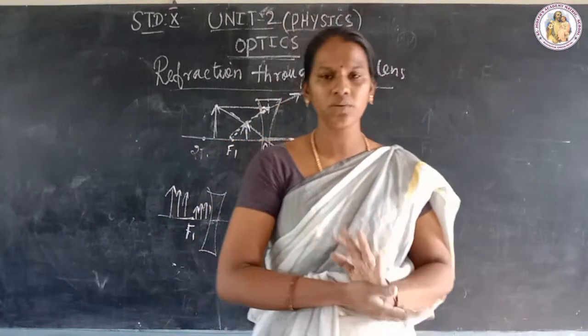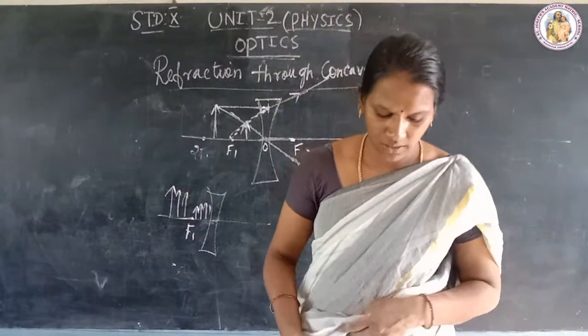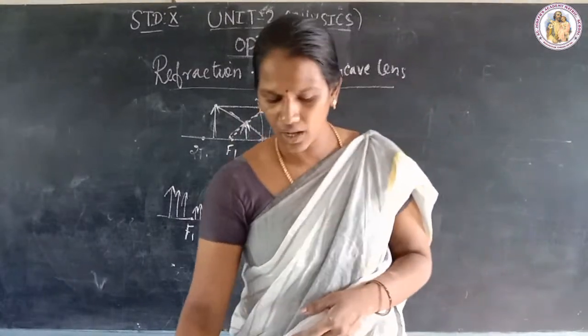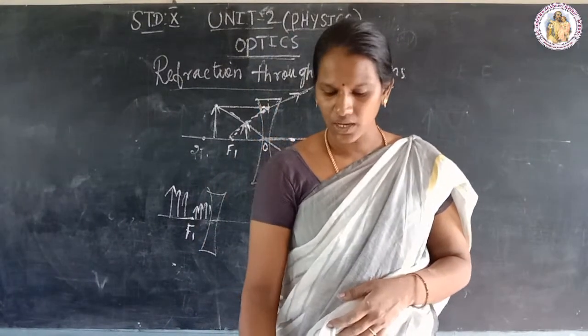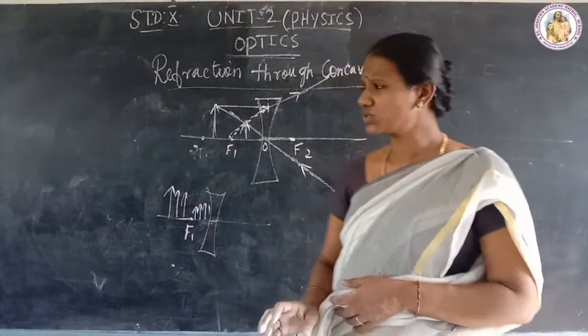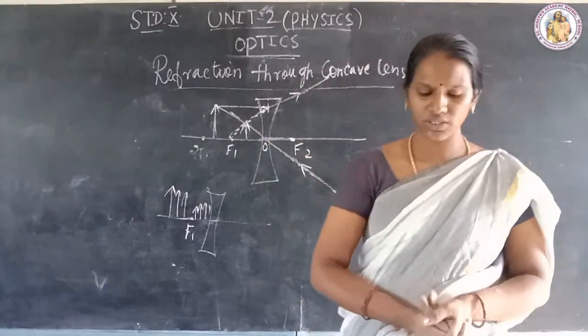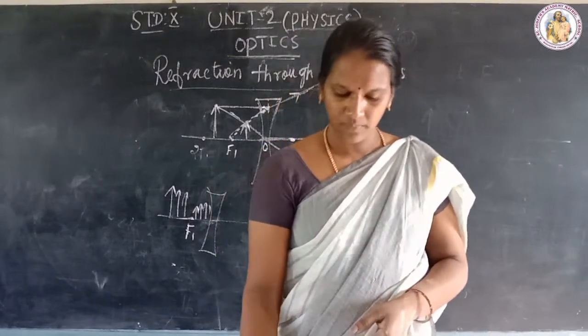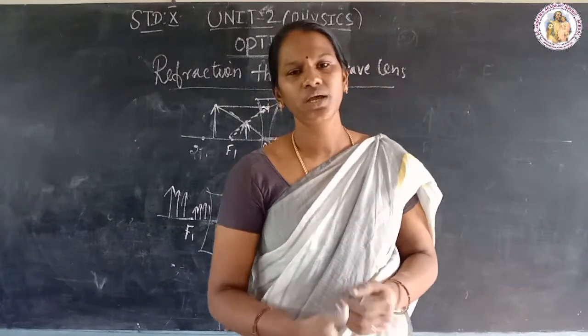Myopia and hypermetropia we will learn in the next class. So these are about refraction through convex and concave lenses, and the remaining part we will learn in the next class.